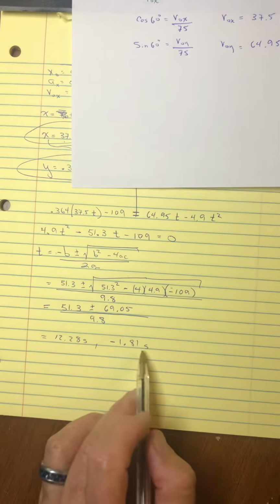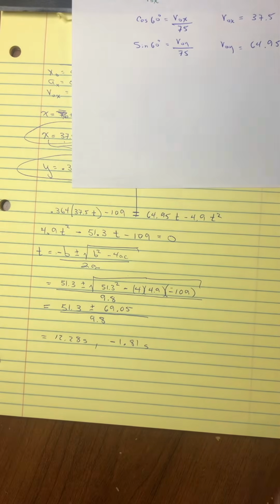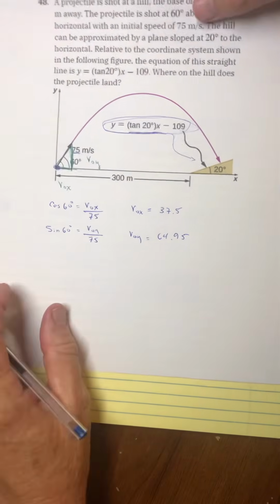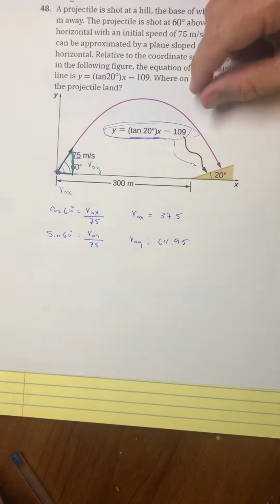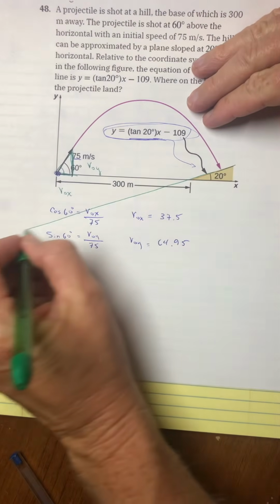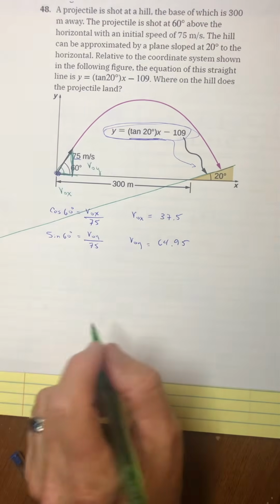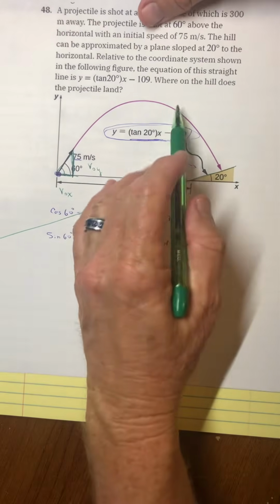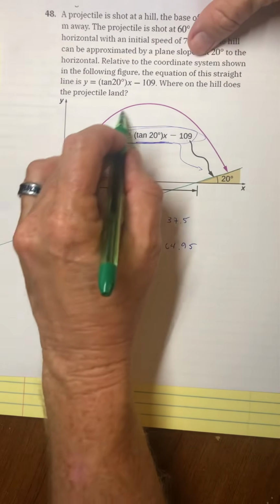So that rules out the negative and gives me the positive. Now, if you're kind of wondering why there's 2 there, if you kind of extended this line and also extended the projectile motion, in other words, the projectile would continue.